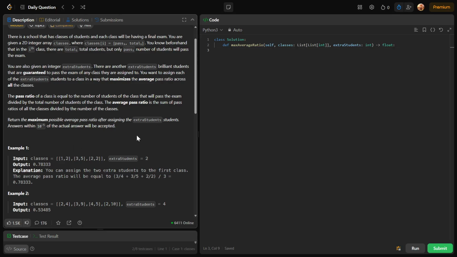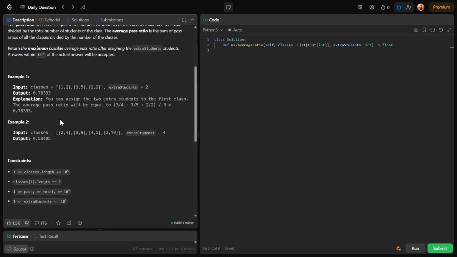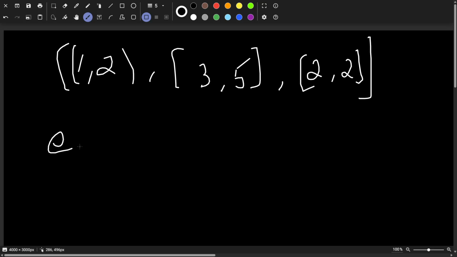And the extra students, you might have to add to the first class. Here we may have to assign the extra students to different classes, so we have to do this one at a time.